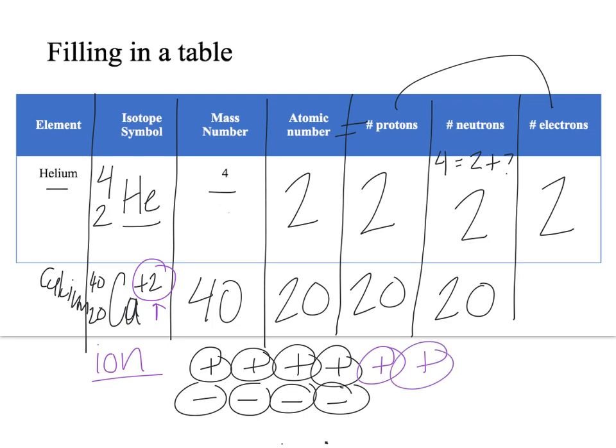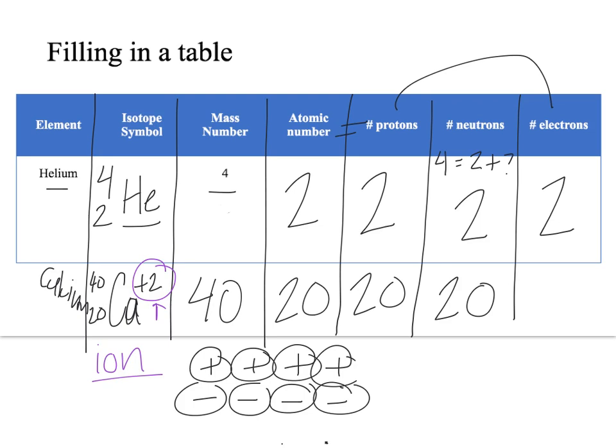So if I add 2 protons, that would definitely give me 2 things that are positively charged that aren't being canceled out. But then we'd have a problem. That would mean I would have 22 protons, and then we're not talking about calcium anymore. So I can't do that. So it turns out that the only thing that you can actually manipulate when you're talking about charge is your number of electrons. And so we can either gain or lose electrons.